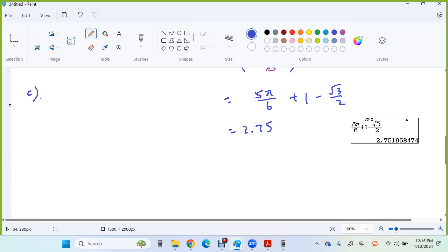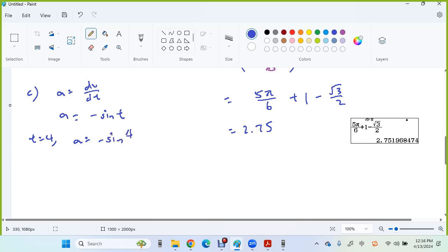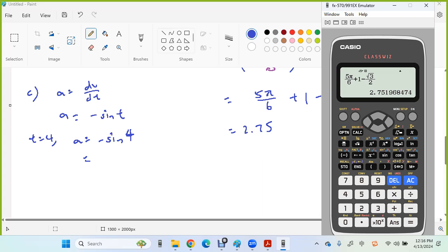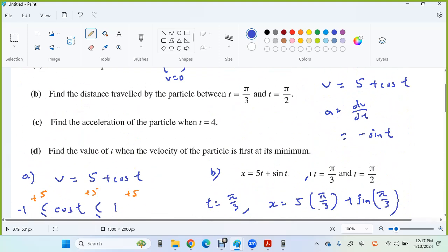So here, when t equals 4, a equals negative sine 4, with the angle in radians. So it is 0.757 meters per second squared.